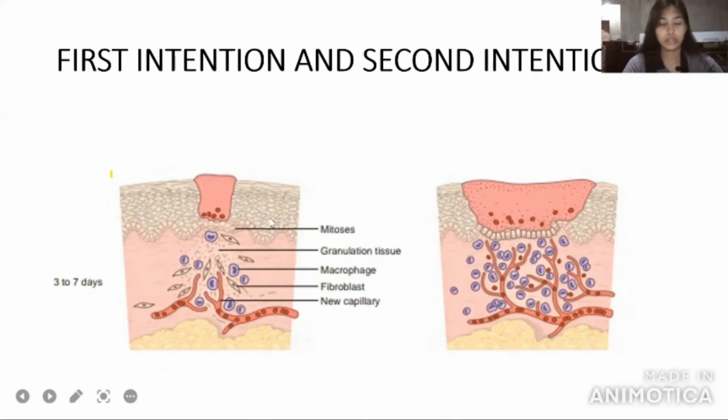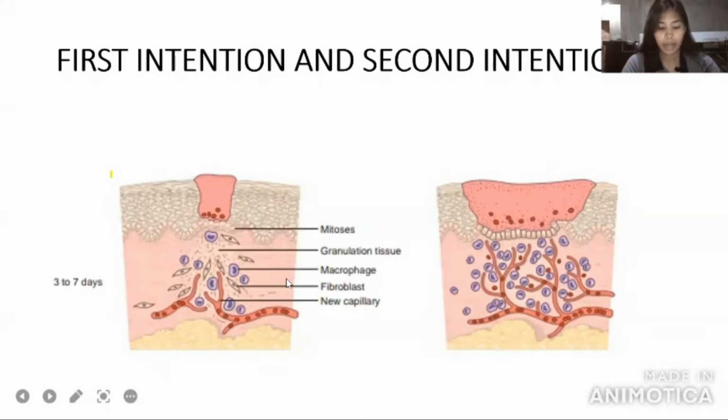In the next 3 to 7 days, you can see in the picture there is a lot going on. In the first intention, by day 3, neutrophils have been largely replaced by macrophages, and granulation tissue progressively invades the incision space. Over the next 3 to 7 days, there is formation of granulation tissue.